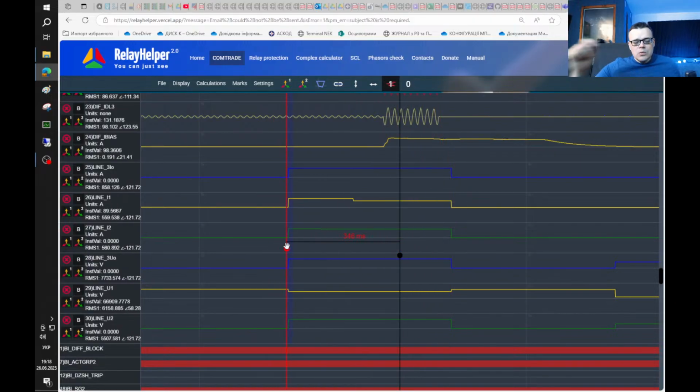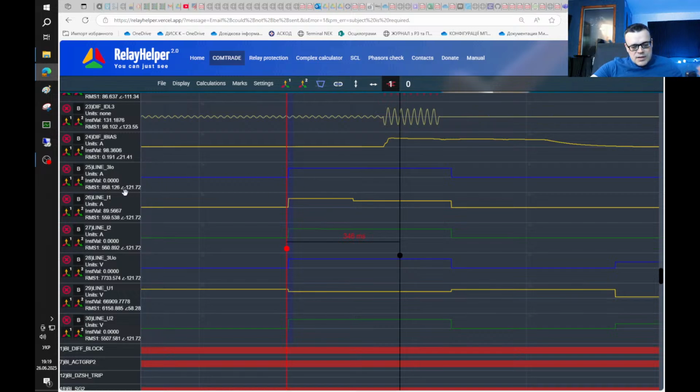So you know, ABB devices allow writing different signals from each block, and here the commissioning engineer added different signals to the records.